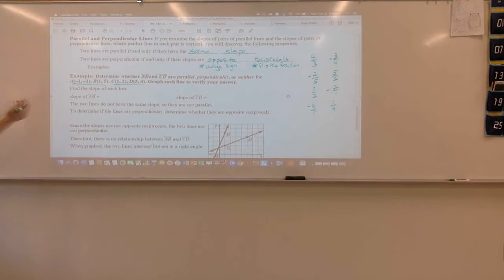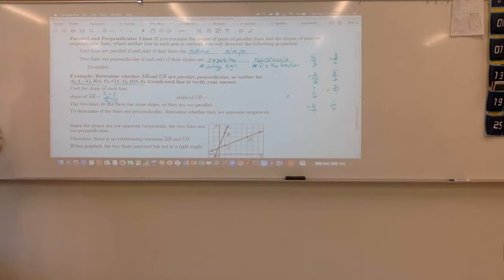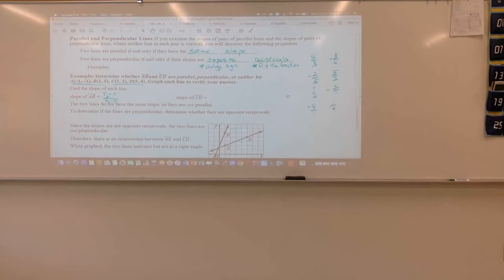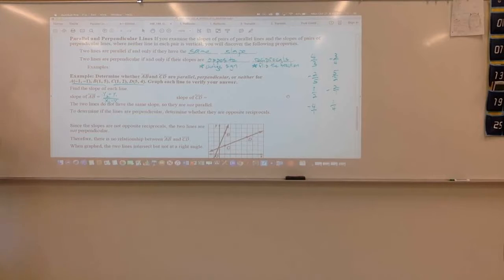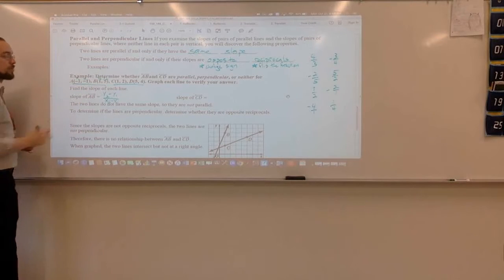Okay, so if you remember our slope formula, which you do need to know, y2 minus y1 over x2 minus x1. So if I want to find the slope of AB, I first need to label those points, x1, y1, x2, y2.